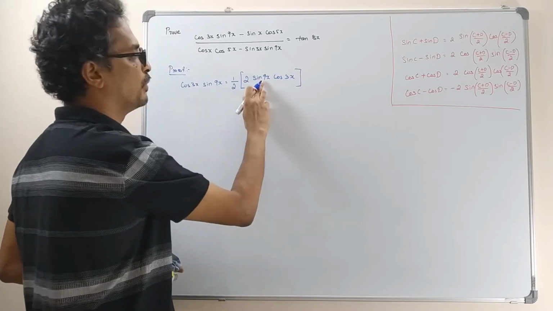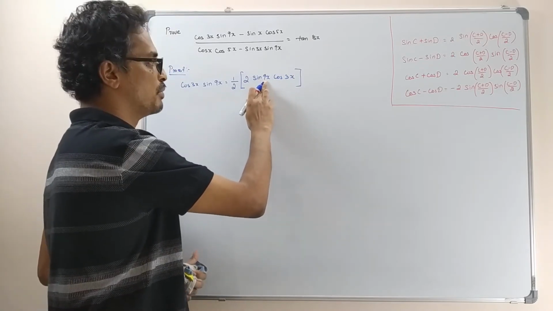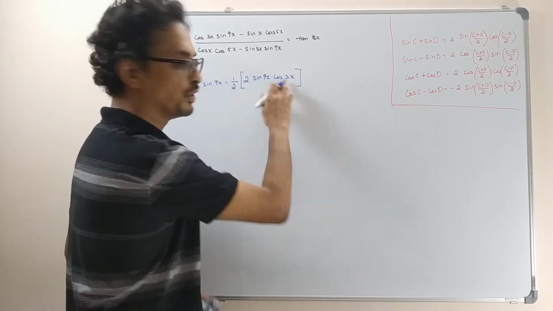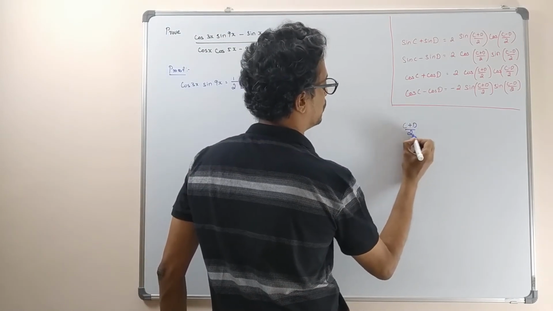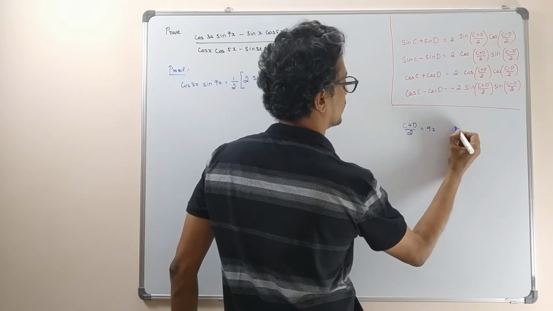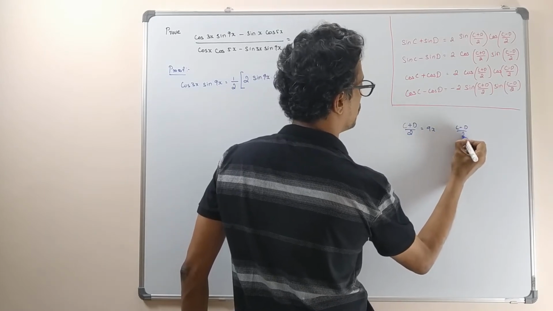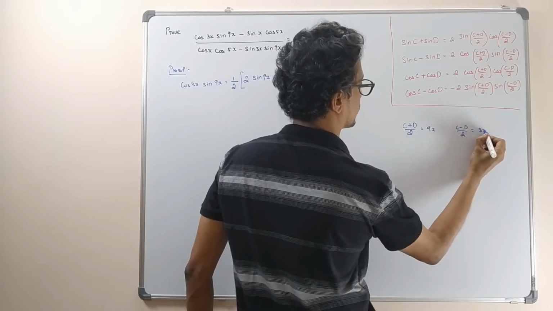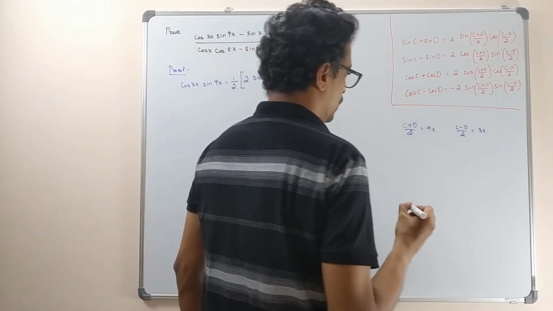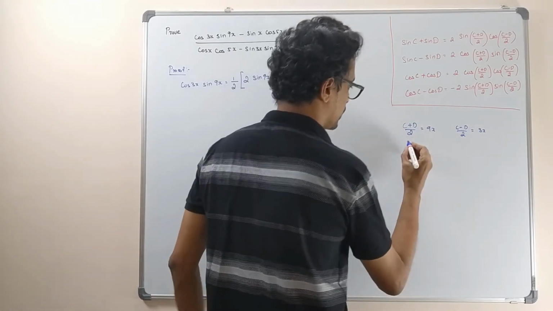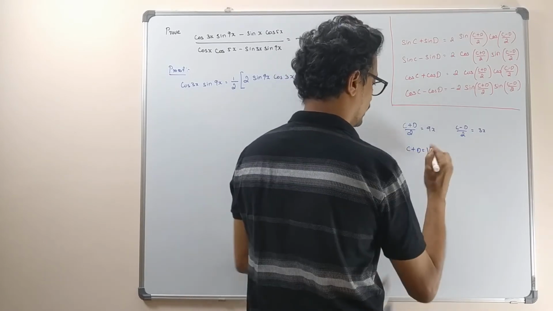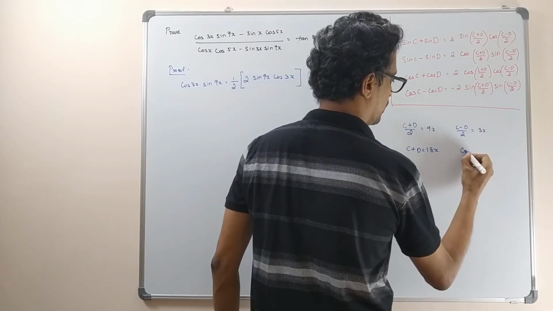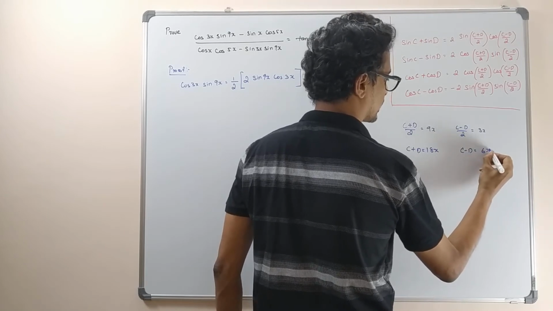So this can be written with (C plus D) by 2 equal to 9x and (C minus D) by 2 equal to 3x. So C plus D equals 18x, and C minus D equals 6x.